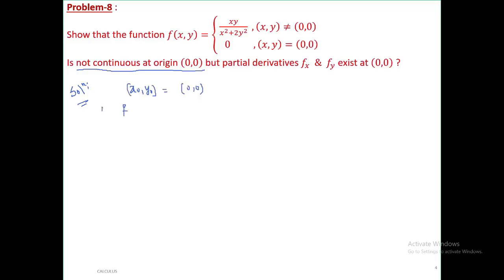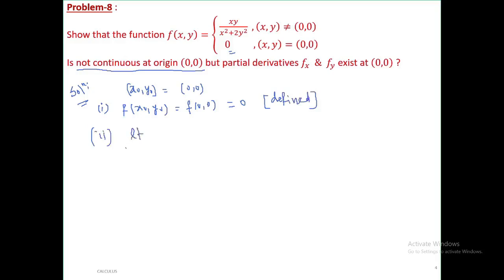The function should be well defined at this point, right? That means f of 0 comma 0. So direct substitution, look at f at 0 0, the function value is 0. So it is defined, or simply it is finite. So the first condition is satisfied.